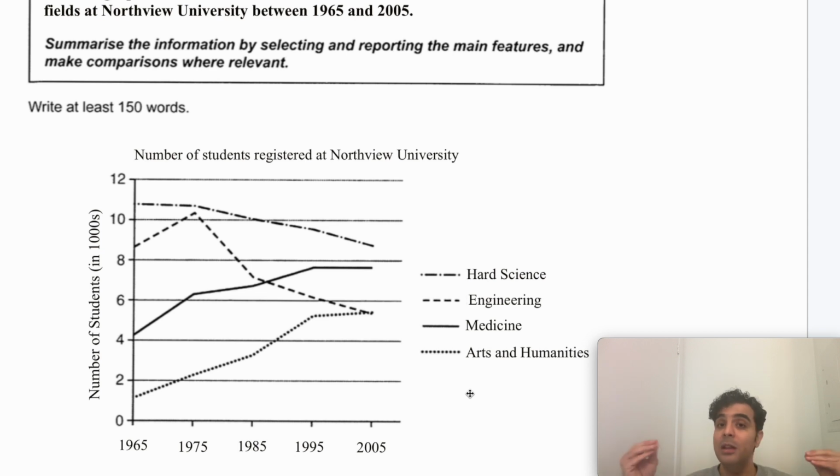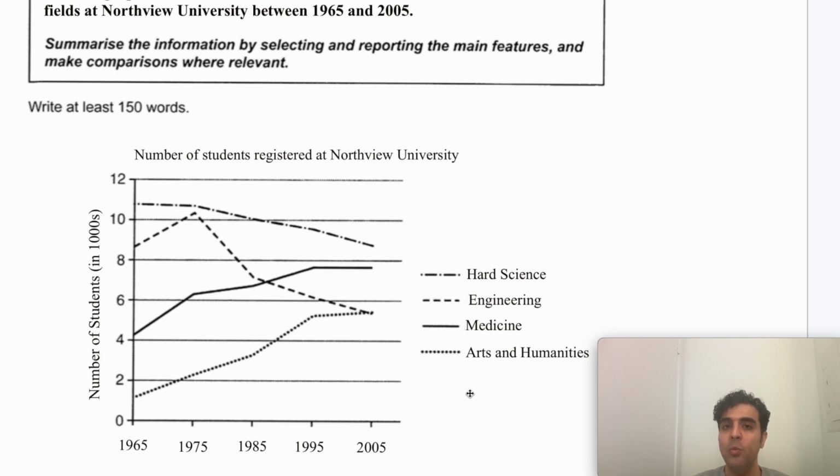Notice that it's a very long sentence, but it's still one sentence. And so altogether, I managed to put together one paragraph consisting of 3 sentences describing the hard science and engineering majors. Now, think about how you would do the same thing for medicine, arts, and humanities.